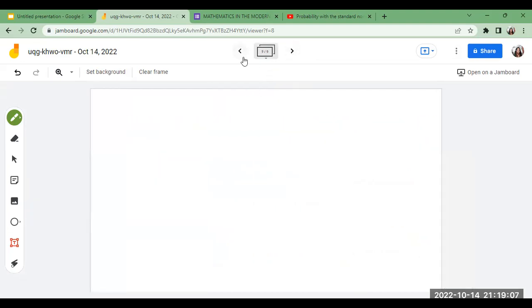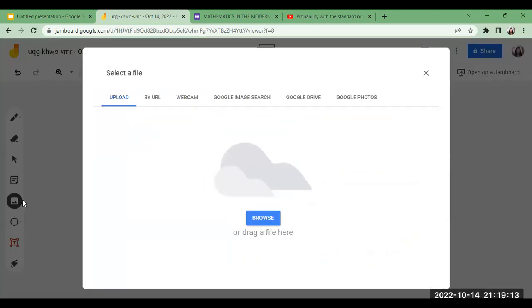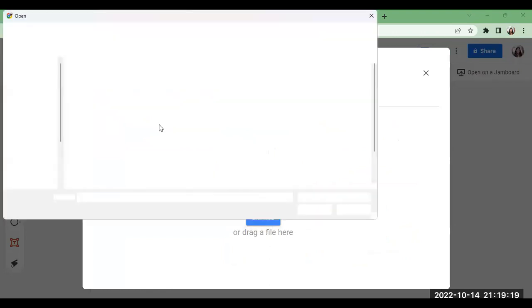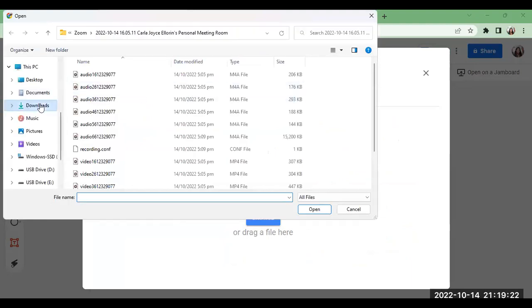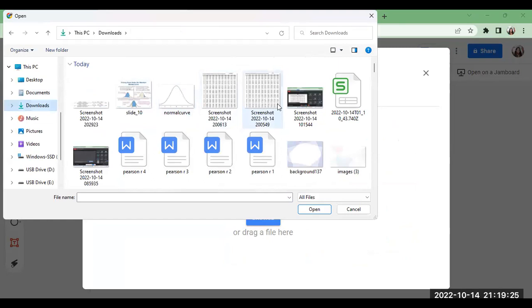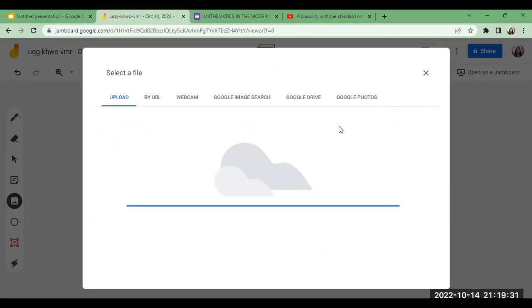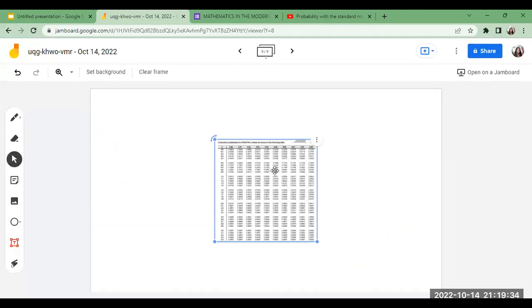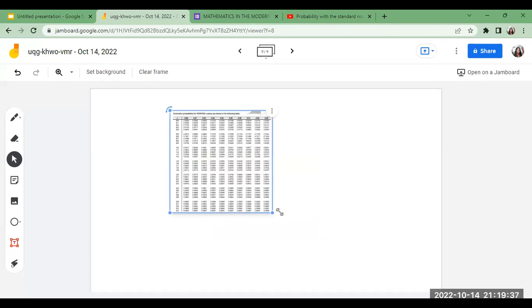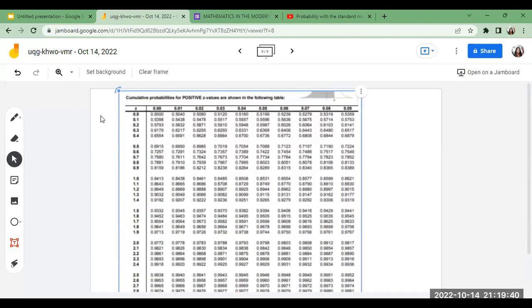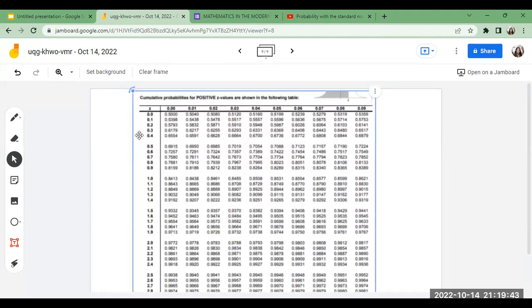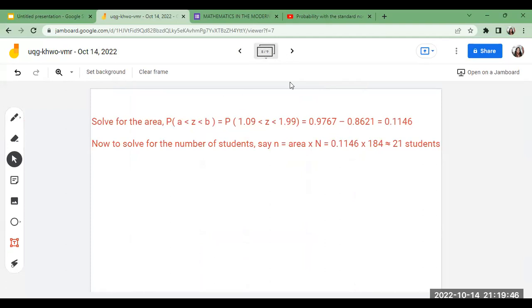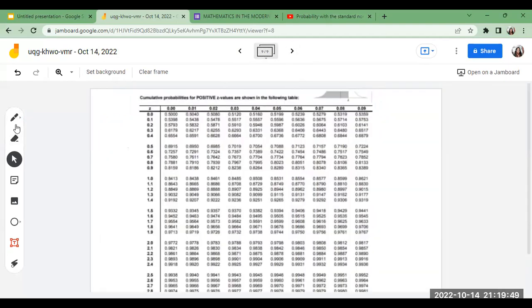So looking at the distribution table, mag-input tayo ng table. Okay, so 1.09. Positive naman sila parehas. So we will use the positive z values.